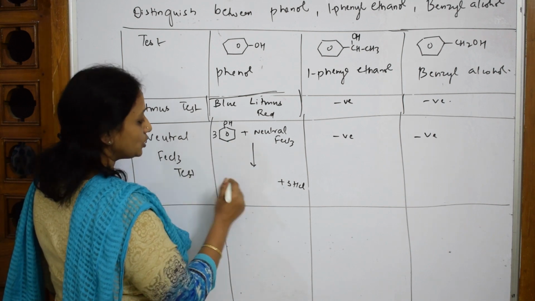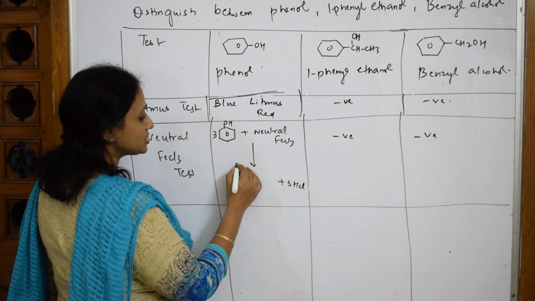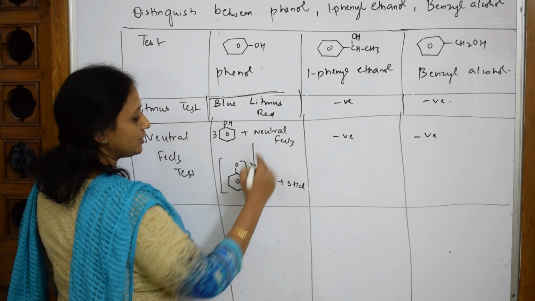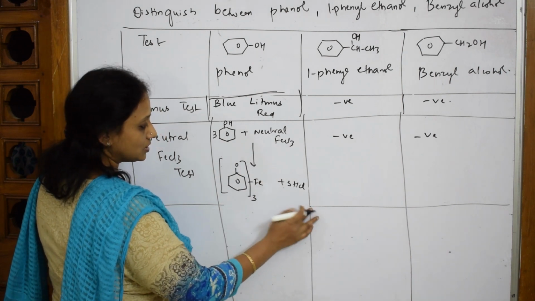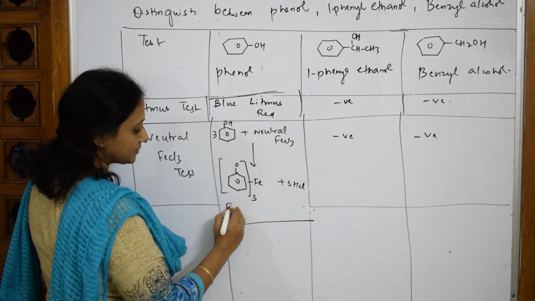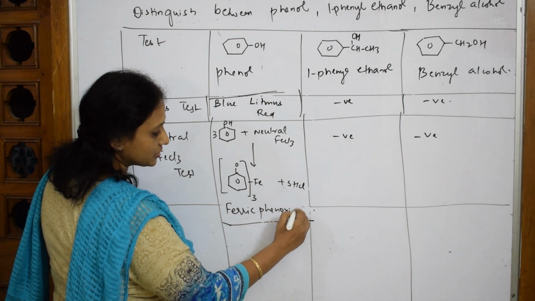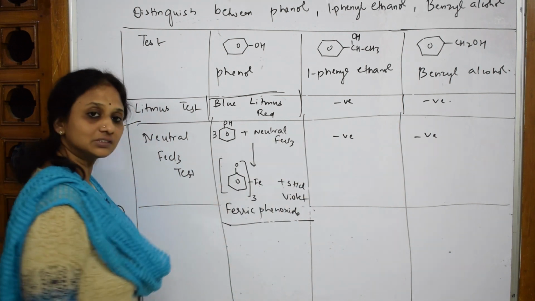You are left with a compound, three phenoxide groups, and your Fe comes and attaches here. This compound is called ferric phenoxide, and the color of this whole thing will be violet. So for the other two there is no effect.